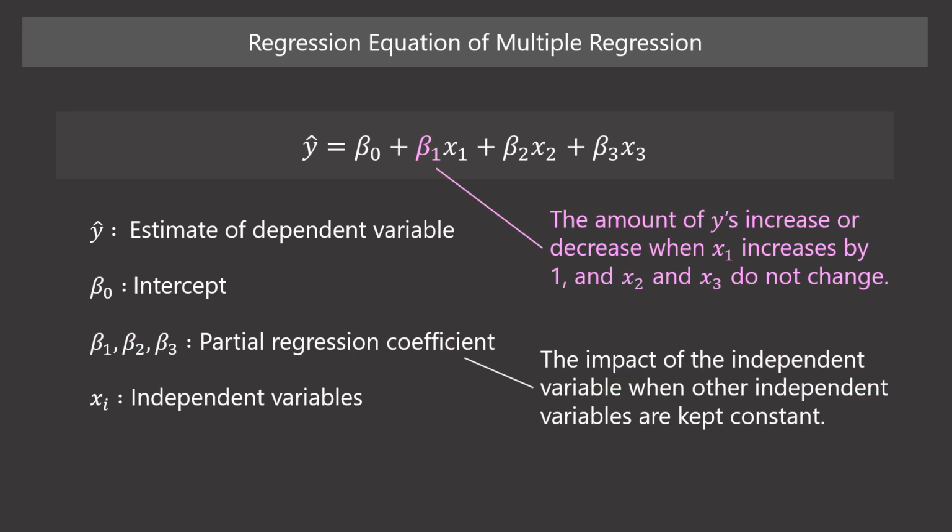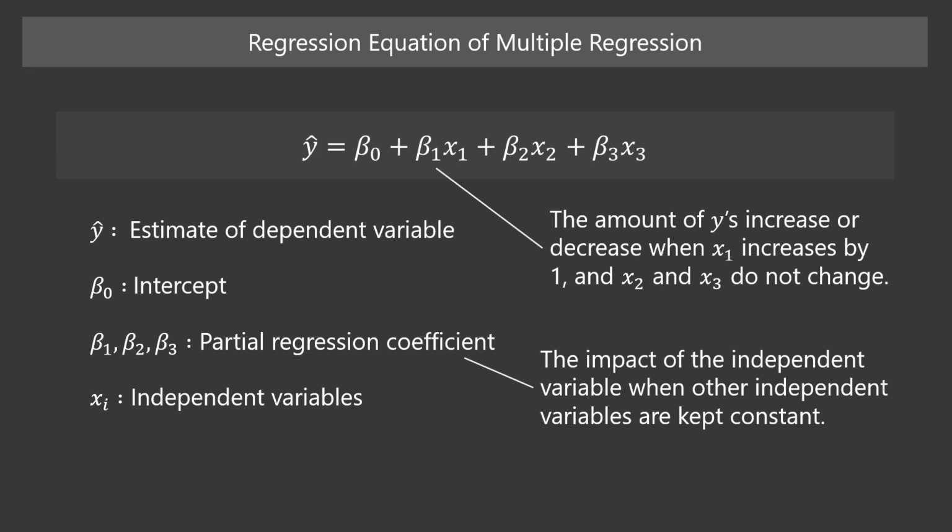So here, beta 1 represents the amount of increase or decrease of y when x1 increases by 1 and x2 and x3 do not change. In the statistics use of term, we often say that a variable's partial regression coefficient represents the impact of the variable when we control the other independent variables.